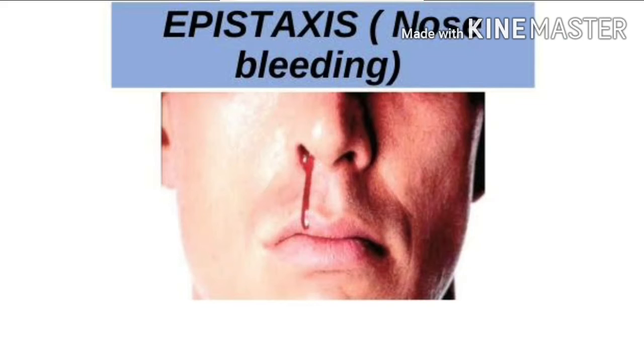Now, whenever we talk about epistaxis, whenever our nose starts bleeding when someone hits us, or something happens to the nose, and sometimes it happens while you're sleeping and it starts bleeding, then this area gets damaged. So this is the main area which leads to epistaxis or nosebleed in a person.